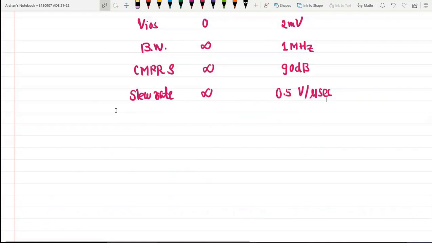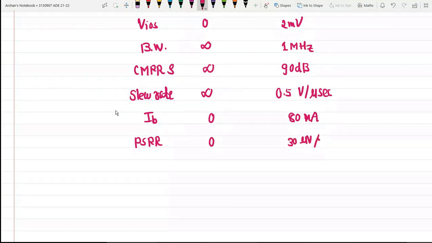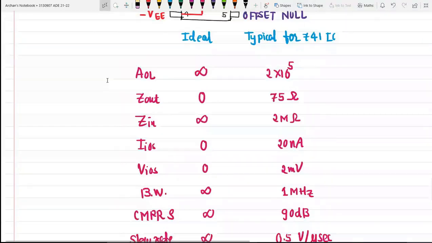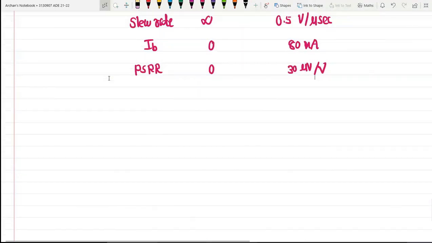Then input bias current IB should also be equal to 0, but practically we will find 80 nanoamperes. And power supply rejection ratio should be equal to 0, but practically you will find 30 microvolt per volt. So these are the ideal and typical values of IC741.